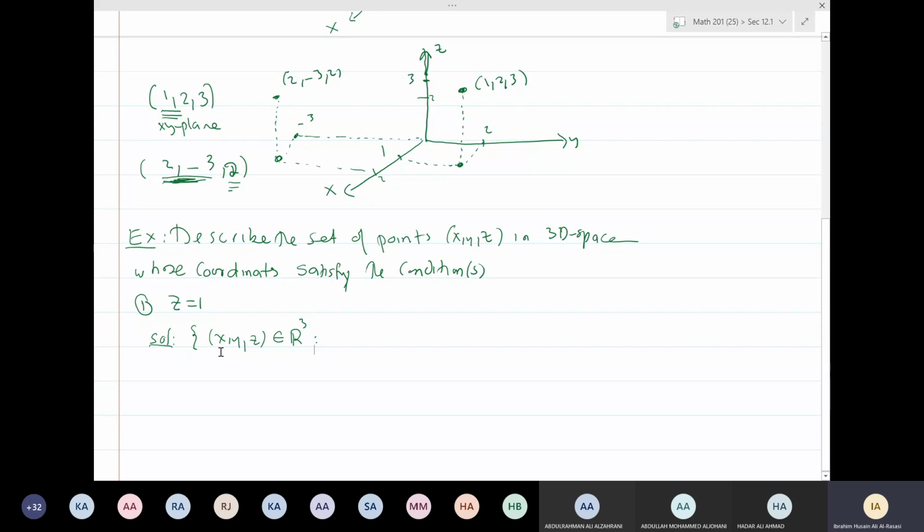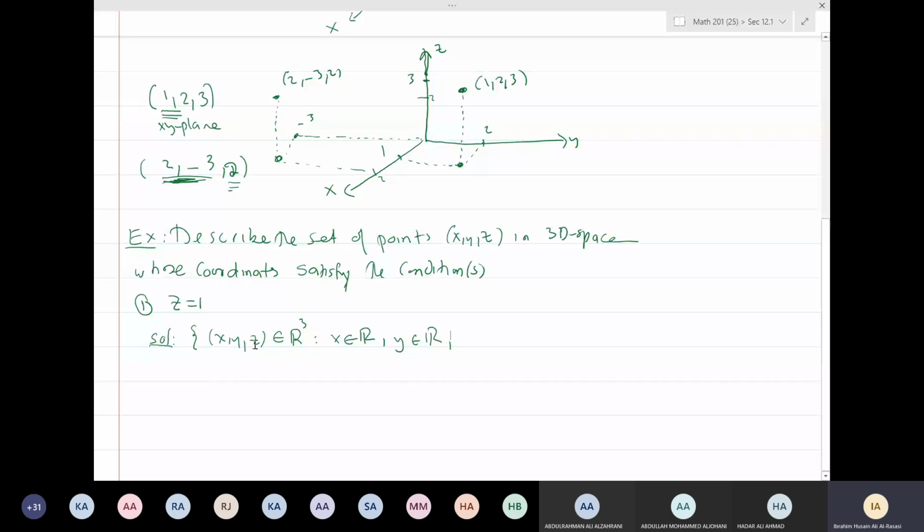Do we have any condition on x? No. What does that mean? Free, no restriction. x can take anything. So x in R. The same thing: no condition on y, so y is free. y in R.